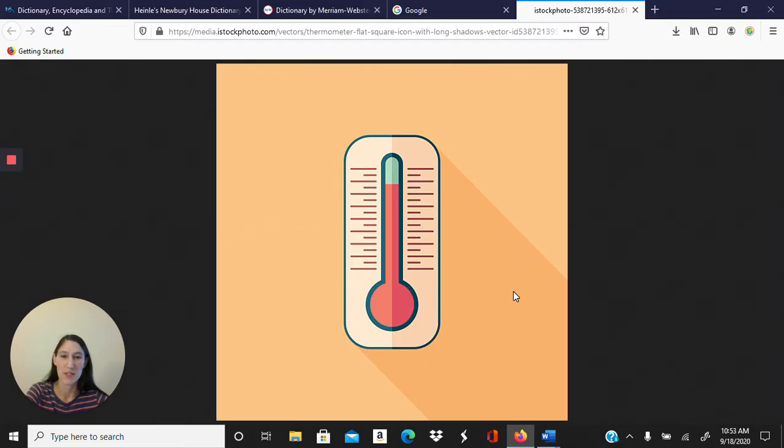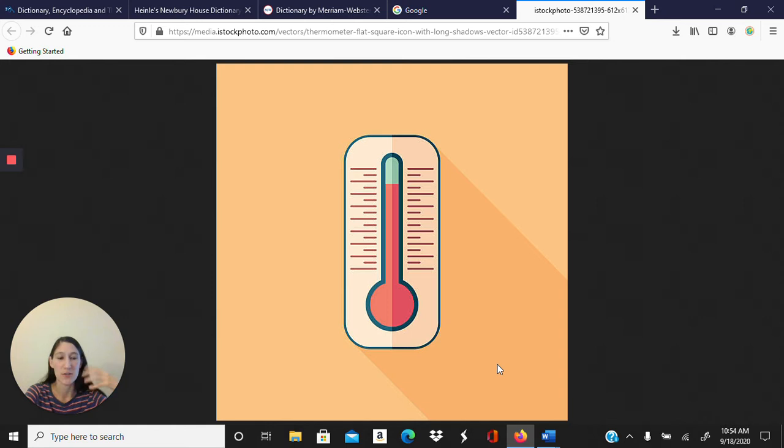So this is what I'm seeing in my mind, right? This type of thermometer, and the mercury can kind of move a little bit, right? Okay, so I can make a pretty good guess based on the context clues, looking at the sentence, trying to see it in my mind, trying to connect it to what I already know. Those are all good strategies.